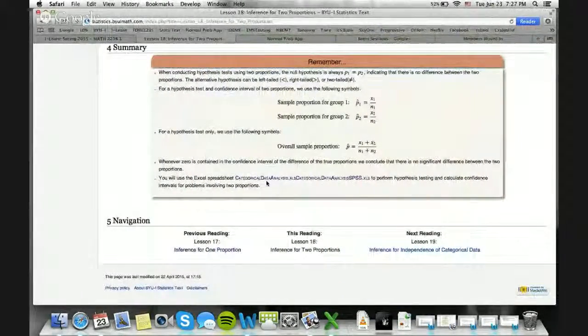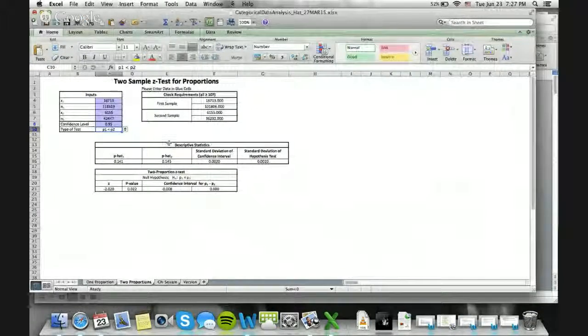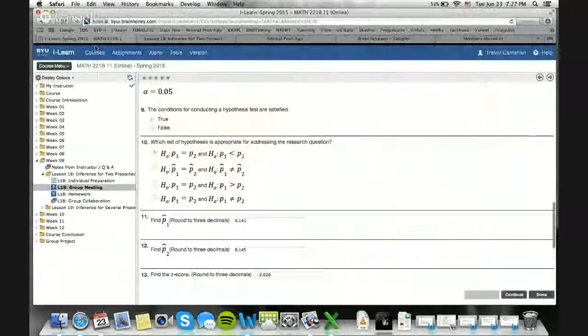I just went to this summary section and it said use Excel, so I did. Through the biostats tab, in lesson 18, it only gives you the Excel file at the bottom. Well, it was way fast and easy, so I'm not complaining. Not yet, unless we can't use it on the test, then I might complain.